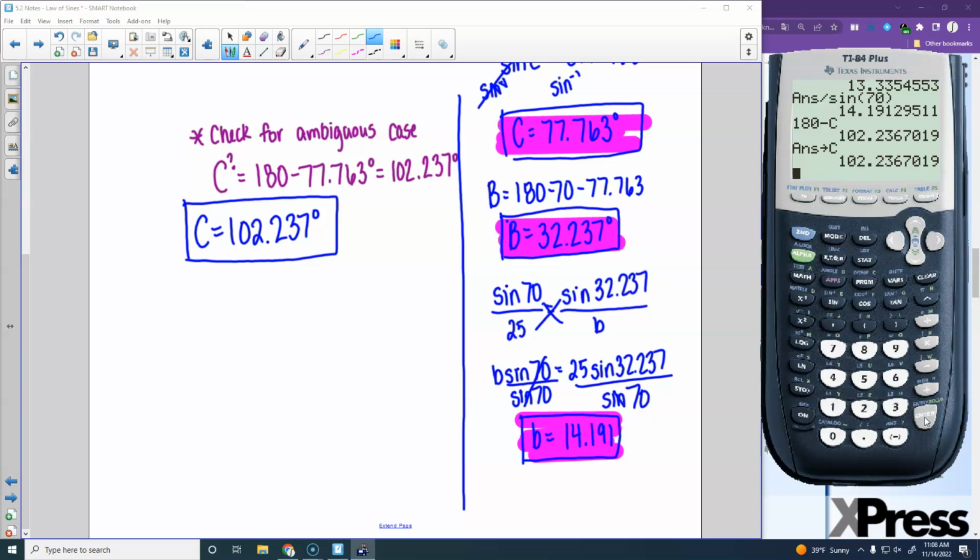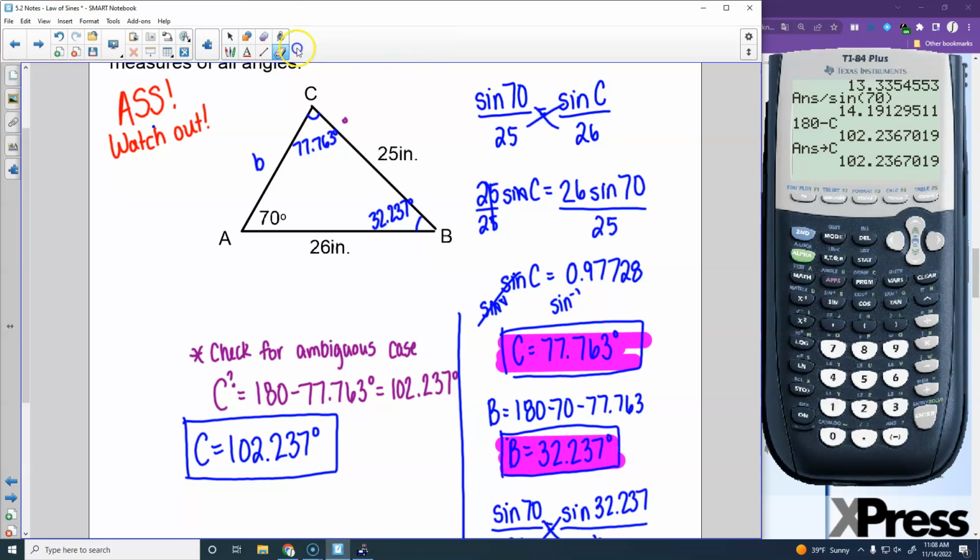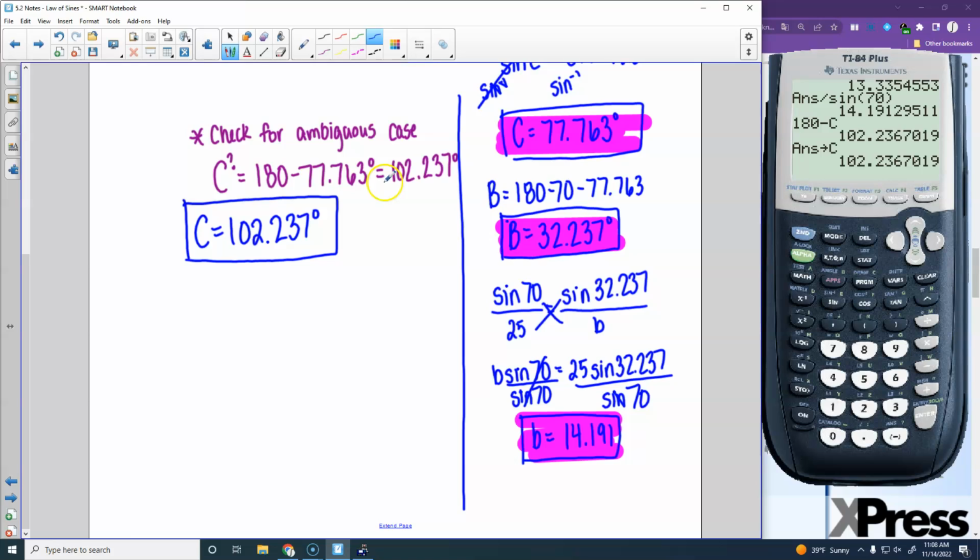Okay, so I basically have to go back through and do this whole thing again, like this is not 77, but rather is 102.237. Not terribly difficult, just aggravating that you're having to do it again. So your B this time would be 180 minus 70 minus 102.237.